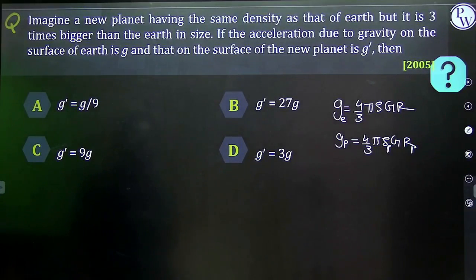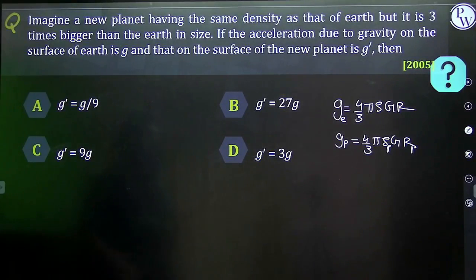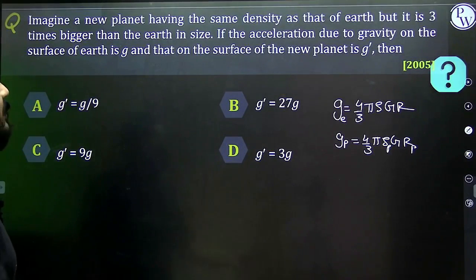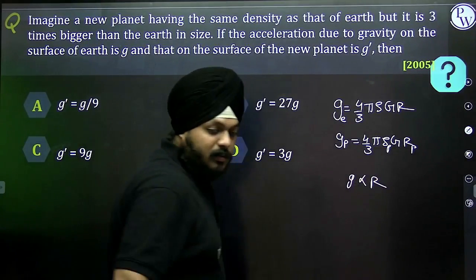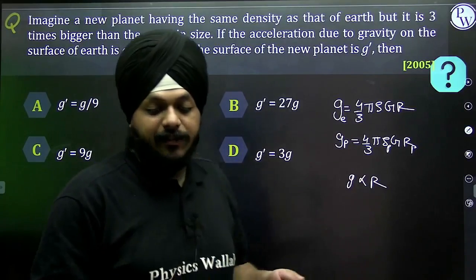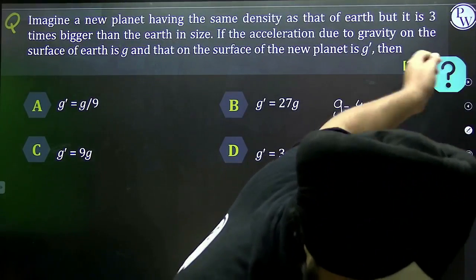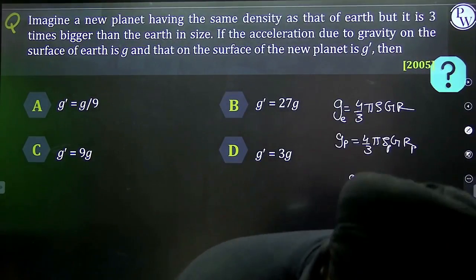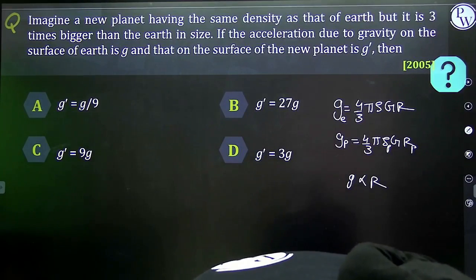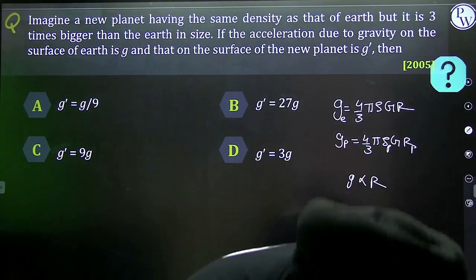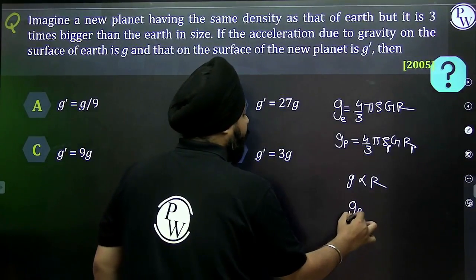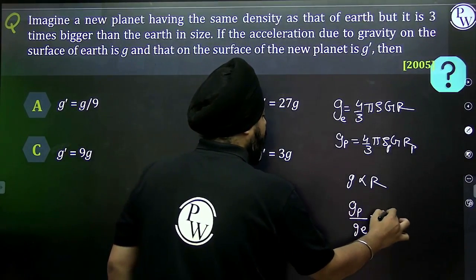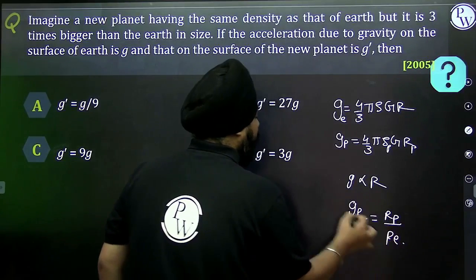Density is the same, but it's 3 times bigger than the Earth in size. It's a very simple thing. If density is the same, then g is directly proportional to R. Density is the same, then g is directly proportional to 3 times the R. So g of planet by g of Earth is radius of planet by radius of Earth.